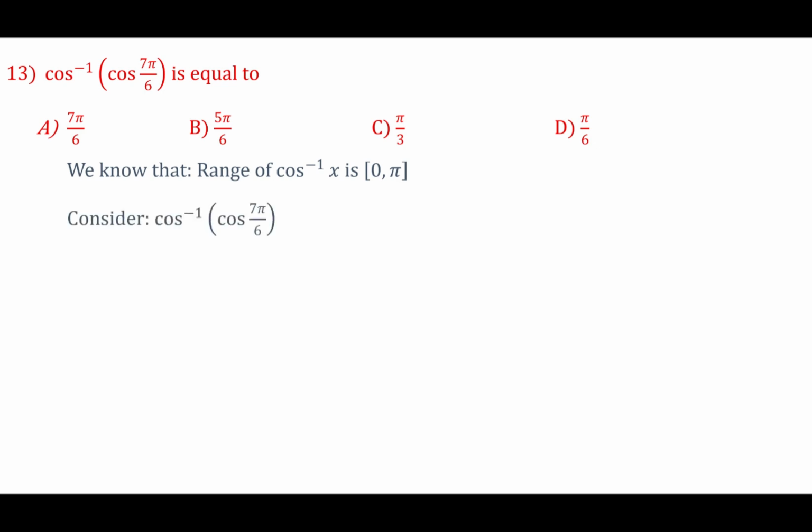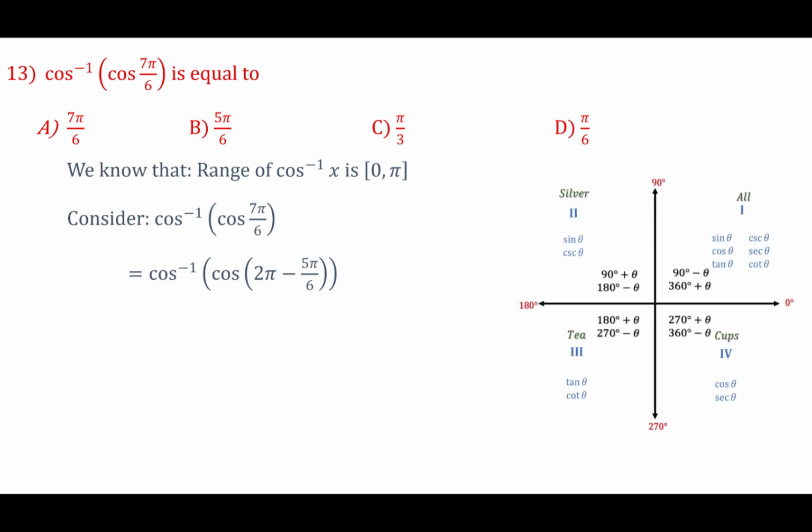So cos inverse cos 7 pi by 6, I can write as cos 2 pi minus 5 pi by 6. Check. If I take the LCM, I get 6. 6 times 2 is 12. 12 minus 5 is 7. And I took 2 pi because 2 pi is 360 minus theta. 360 minus theta is in the fourth quadrant.